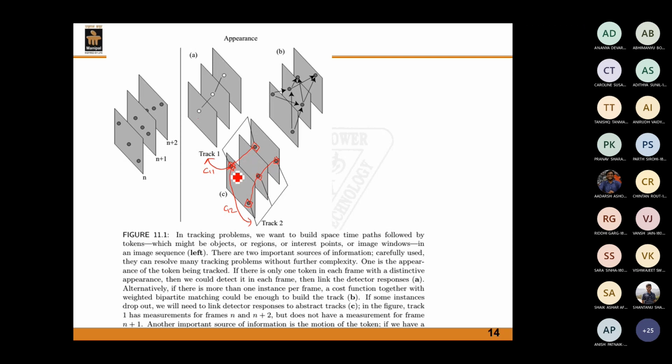So we are assuming a slow moving object. Slow moving in the sense that it may not travel a very long distance far apart from its initial position when we look at the next frame. So that is one assumption.